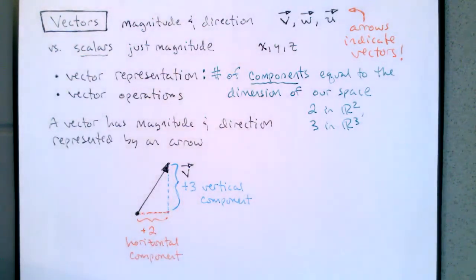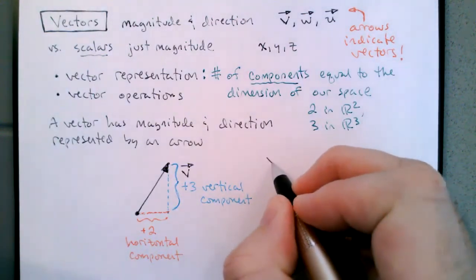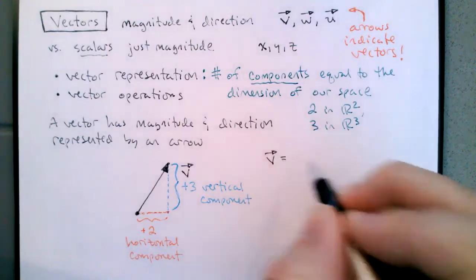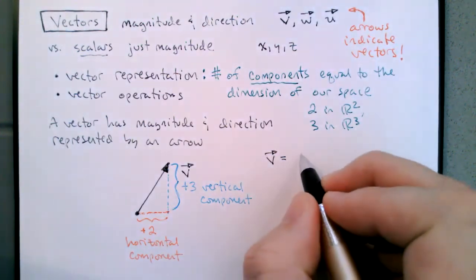So there are these 2 parts of the vector that we need to describe. So this vector will have 2 scalars to describe it. And we have lots of ways of doing this. I could say this vector, since it's got a +2 horizontal and a +3 vertical, one way we do this is to use pointy parentheses.